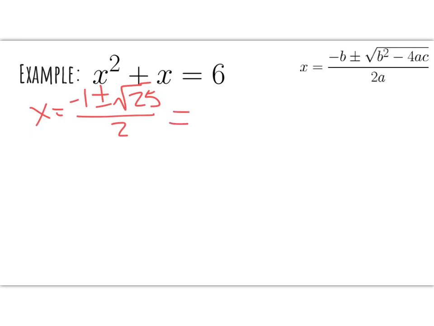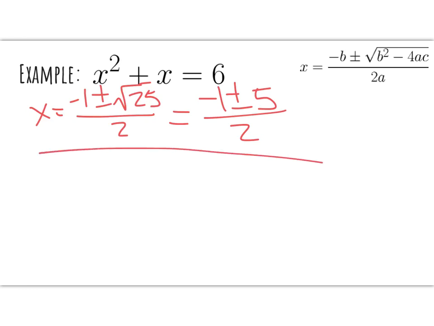And we know that the square root of 25 is 5. So we have negative 1 plus or minus 5 over 2. And at this point, there's two possibilities. x could be following the plus root, or x could be following the minus root.